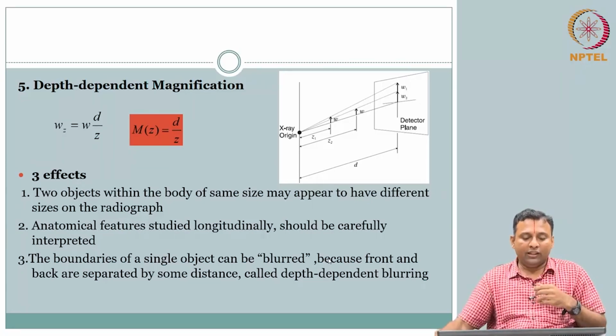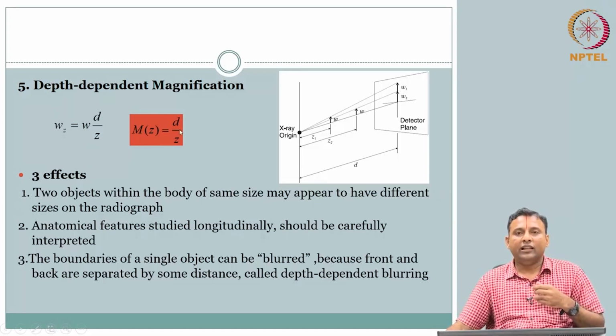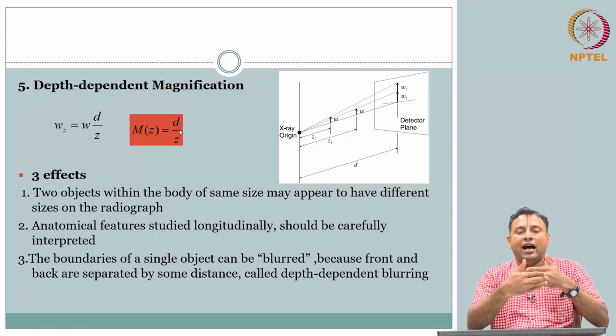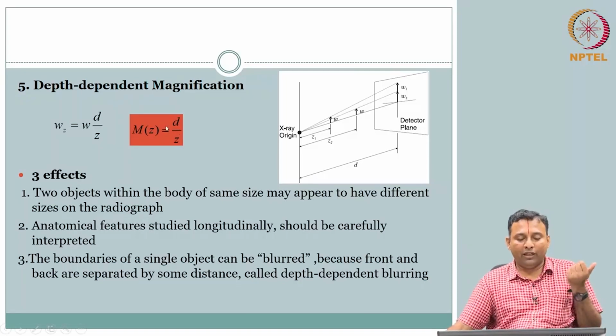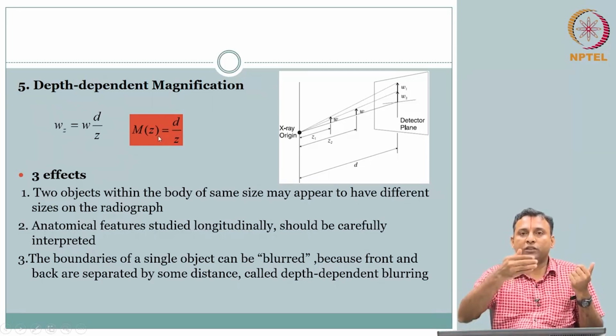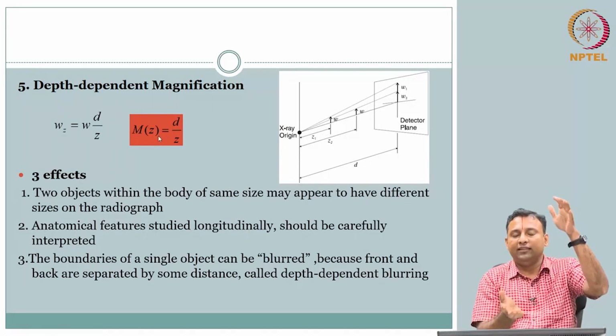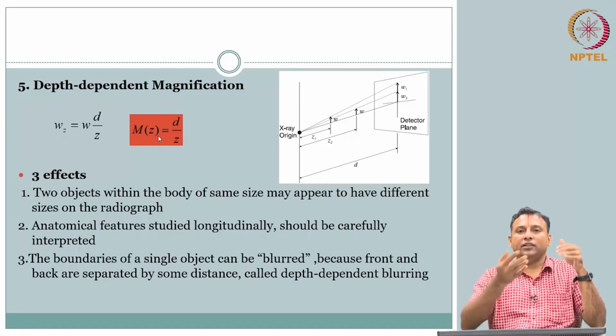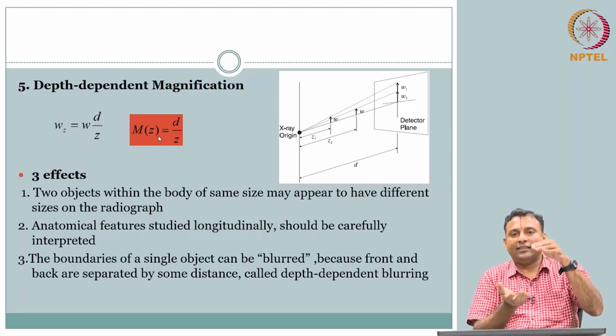Intuitively, based on the magnification that you have seen, the front end is closer to the source and the back end is away from the source. So from this magnification, what are you going to see? If you are moving towards the source, it is increasing, right? If you are moving away from the source, the size on the detector is reducing.